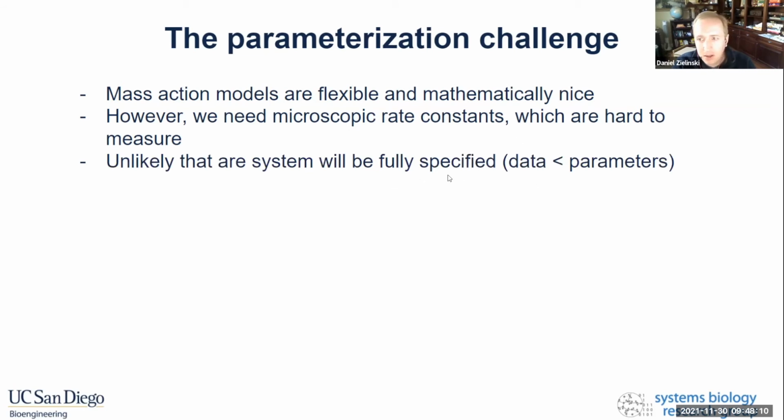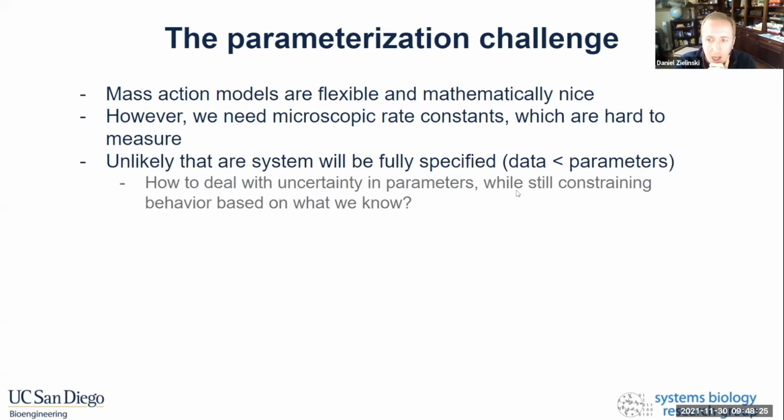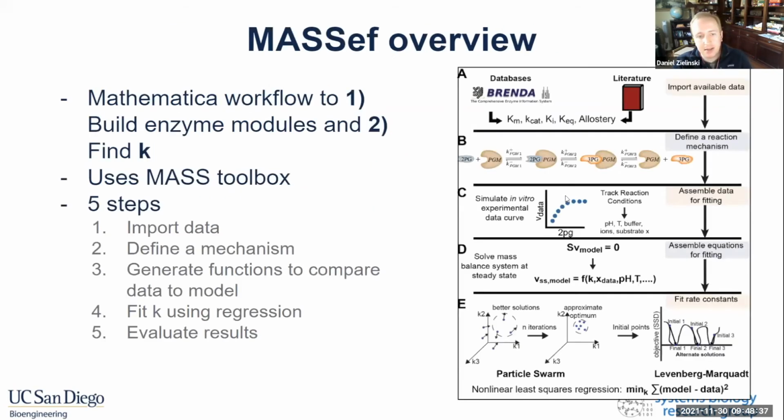And so we're almost never going to have full data, meaning we're going to have way more parameters than we have individual data points. So you might be mapping one KM and kcat to 10 parameters. Is that even a viable way to do modeling? That's a challenge. And so there's going to be uncertainty in our parameters, and we have to be able to account for that uncertainty while still matching the data that we do know. So that's the challenge.